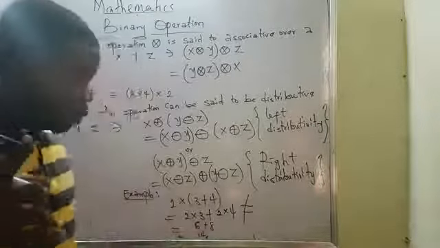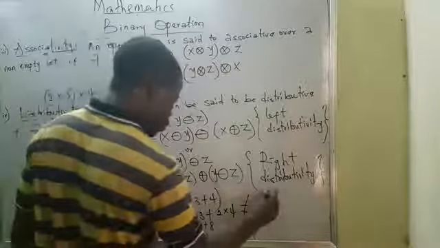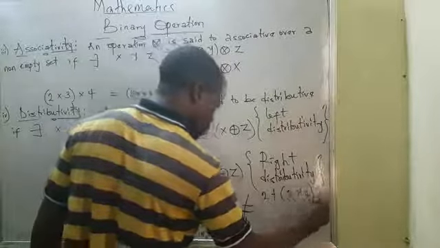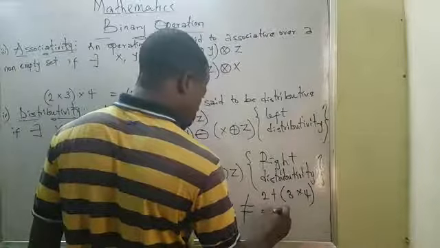I'm not supposed to conclude first, but because I'm sure, let's go. You have 2 plus open bracket 3 times 4. What would that give you?